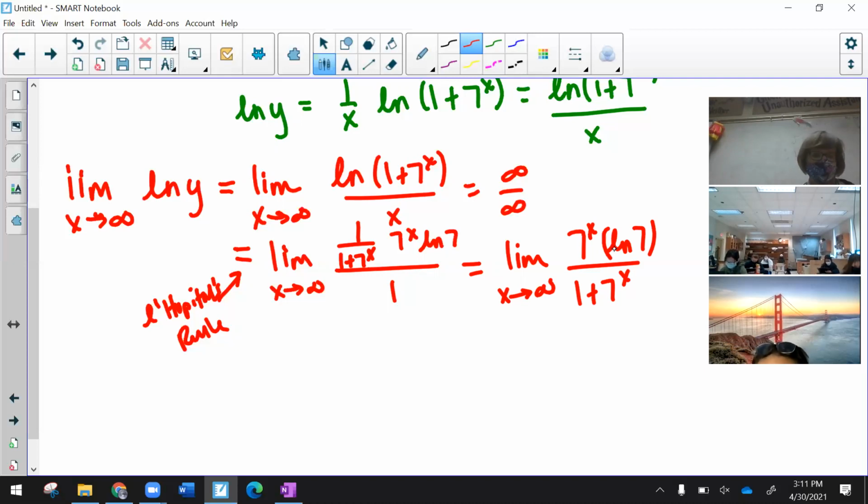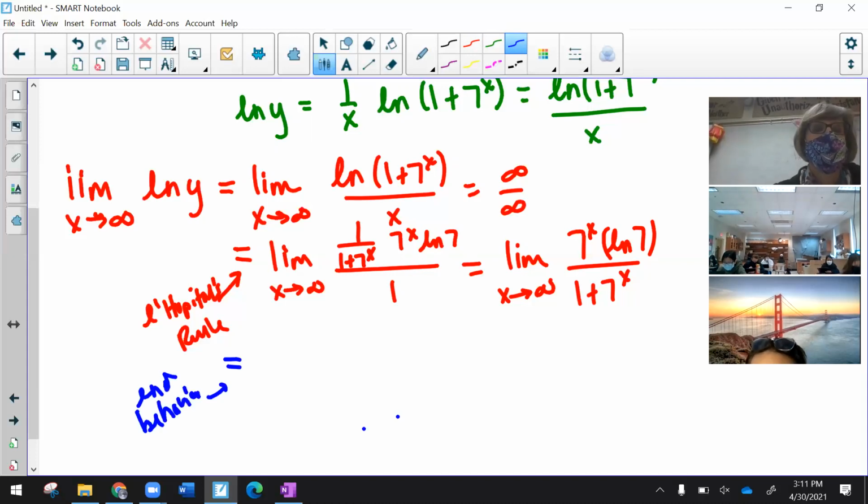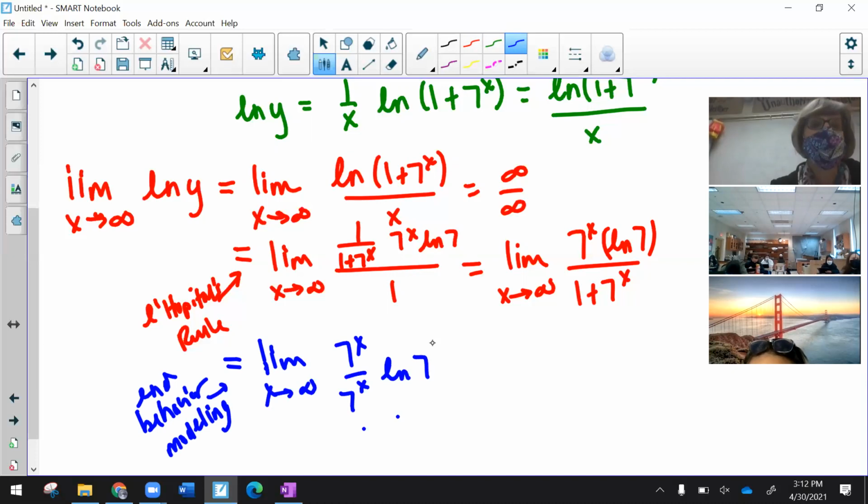Now I want to acknowledge that when I'm heading out to infinity, there's not a really big difference between 7 to the x and 1 plus 7 to the x. So if I invoke end behavior modeling, that's still going to be my limit as x goes to infinity, 7 to the x basically over 7 to the x, times the natural log of 7.